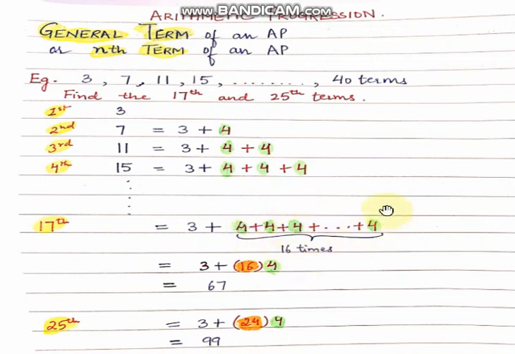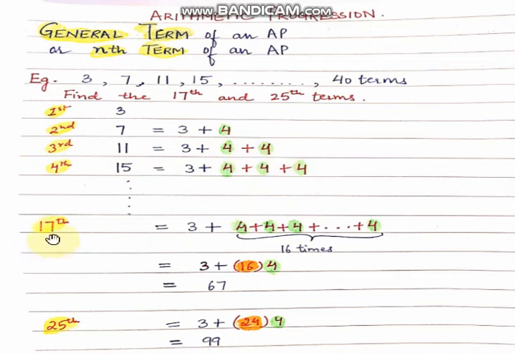Why write so many 4s here? Why can't I write just 16 into 4? So the 17th term comes out to be 67. How come? The first term plus 1 less than 17 jumps. Like for the fourth term, we added 3 jumps. When we were talking about the third term, we added 2 jumps.